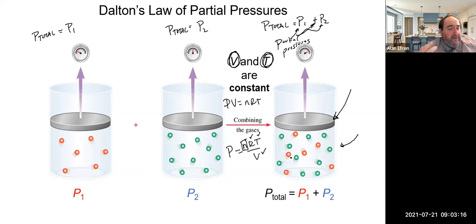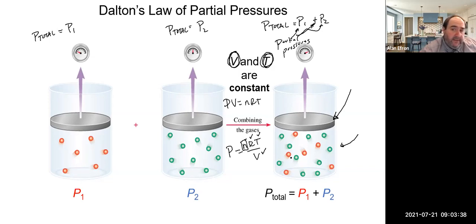They're really not going to interact with each other. So you could almost think of each gas as being in that container by itself, even though it's not, because the other gases will not influence anything. In this ideal situation, we can think of them as being in there by themselves.